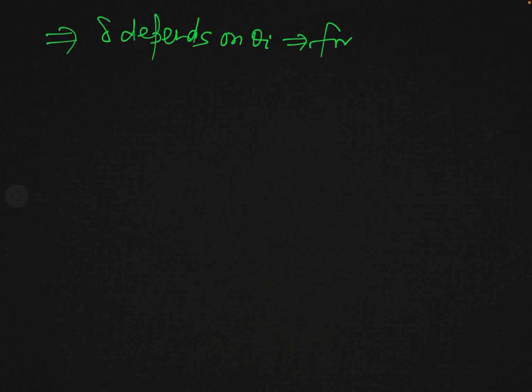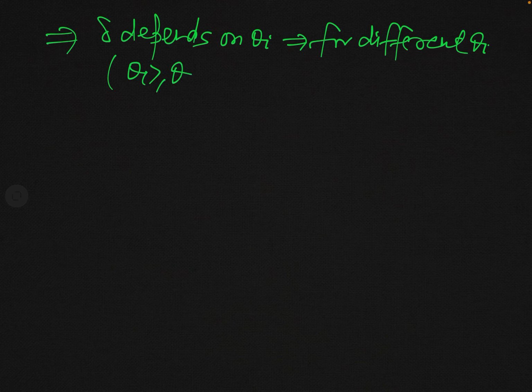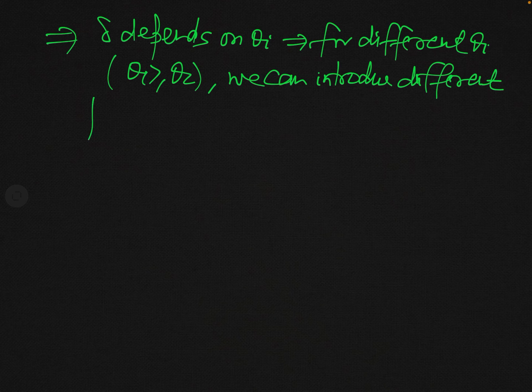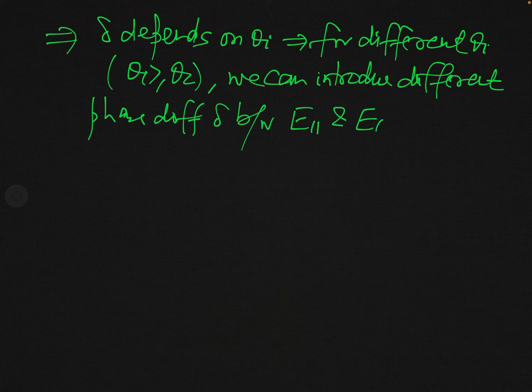So our conclusion is that delta, which is the phase difference between these two parallel and perpendicular components, depends on theta I, and this implies for different theta I, but remember this theta I must be greater or equal to theta C, we can introduce different phase difference delta between the components E parallel and E perpendicular.